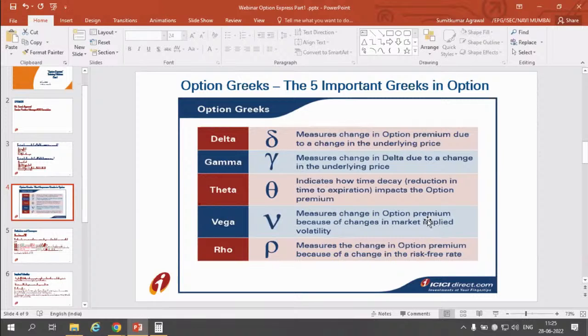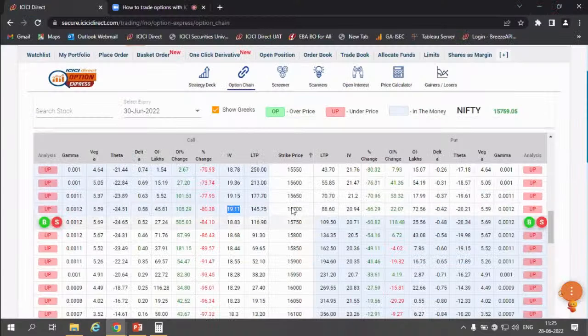Vega is nothing but the change in option premium with respect to implied volatility. If you come onto this 15,700, it says 5.5 rupees. Implied volatility here is 19. So if implied volatility increases by 1%, the option premium will increase by 5.5 rupees.